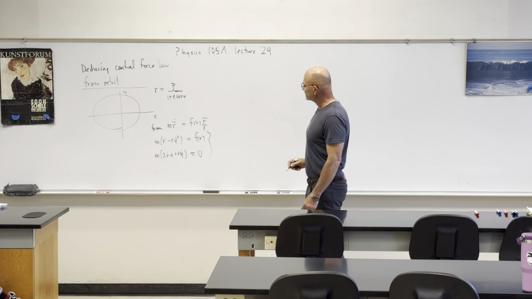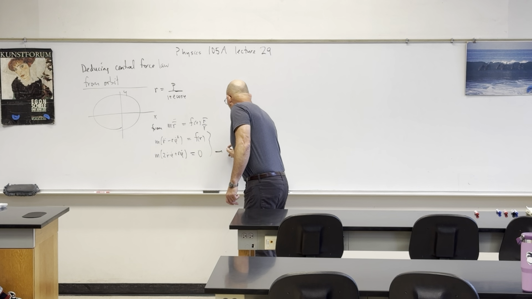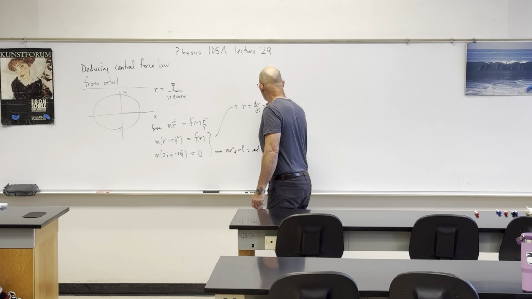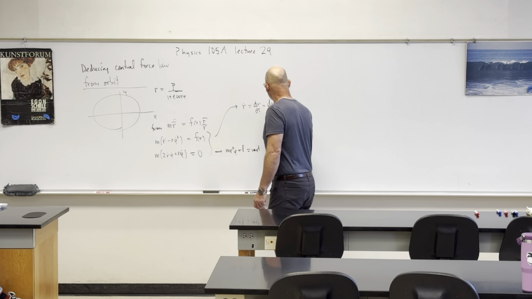So that was the plane polar coordinates. And the second equation gives you m r squared phi dot equals L, which is a constant. And you can take that into the first equation here, and then we have r dot, which is dr/dt, which is dr/d phi times d phi/dt.